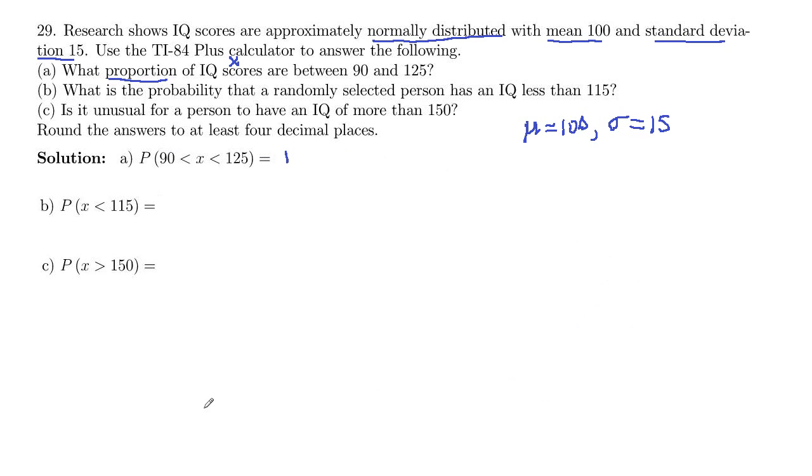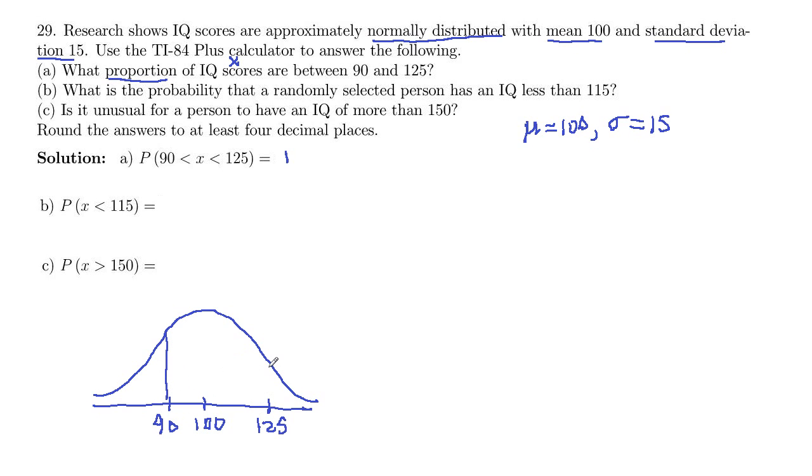So if we graph here, we've got our normally distributed data. And then in the middle, we've got that 100, which is our mean right here, mean IQ score. And then we want to know what proportion is between 90 and 125. So 90 lower than the mean, 125 bigger than the mean. We want that area right there.